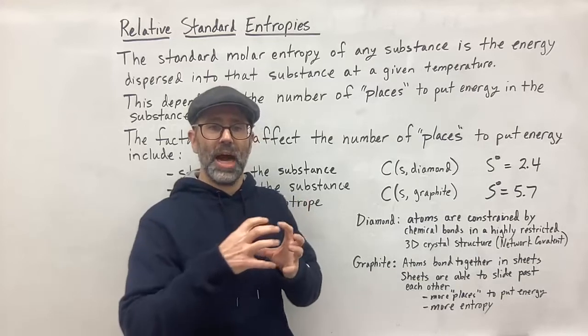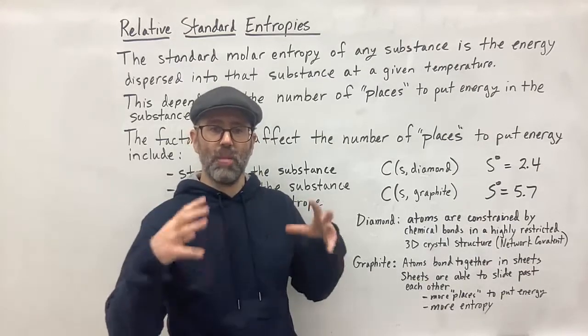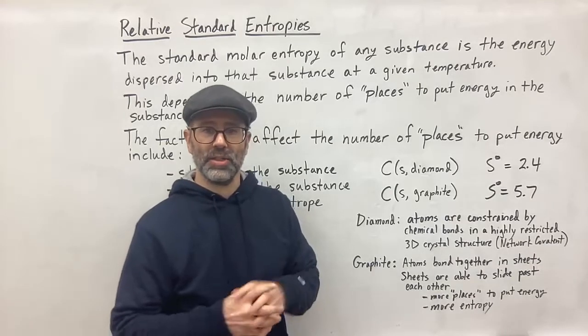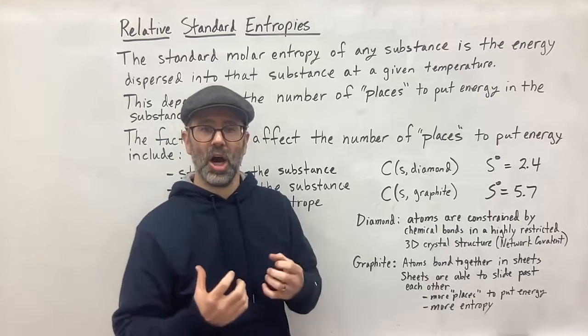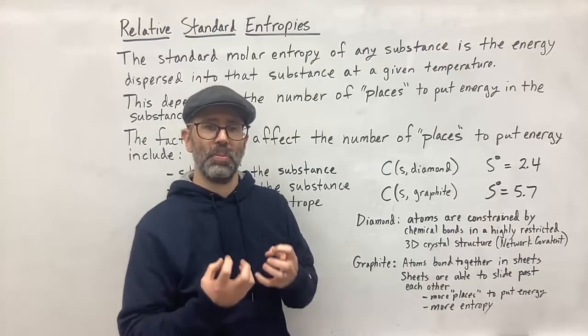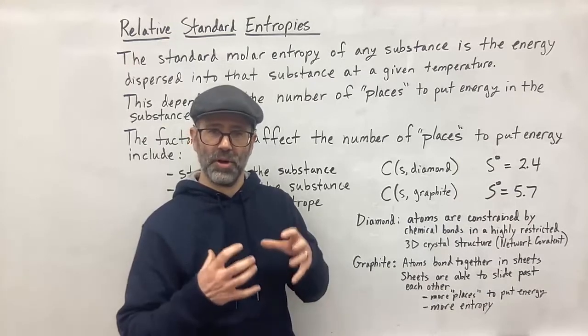So there's this complex mesh of interconnected carbon atoms all bonded together. And so it's a very constrained solid of carbon atoms, with very few places to put energy, not very much motion, very solid.